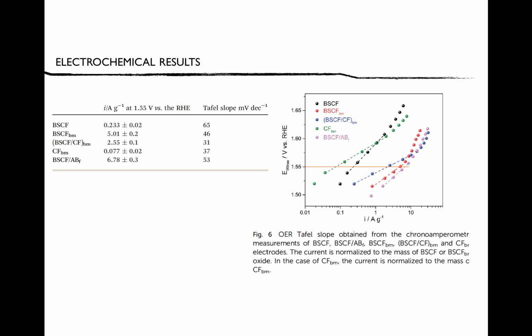Also when we compare the OER activity of BSCF with carbon and without carbon, we see that by acting as an oxidizing, reducing agent, it functionalizes the BSCF. Although it doesn't participate in OER, it makes the catalyst more active, and this also increases the activity.